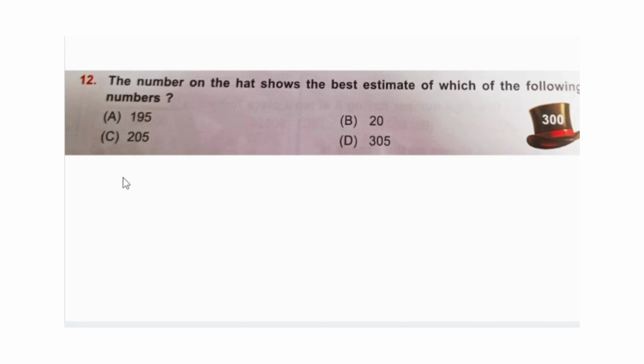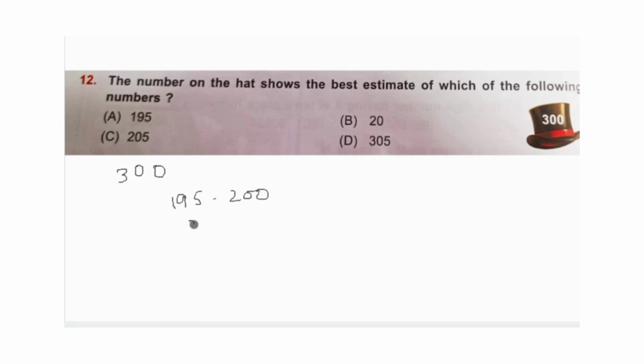Let's look at question number 12. Here the question says the number on the hat shows the best estimate of which of the following numbers. The number on the hat says 300. And let's look at our options. Option A is 195. The closest estimate of 195 is 200.